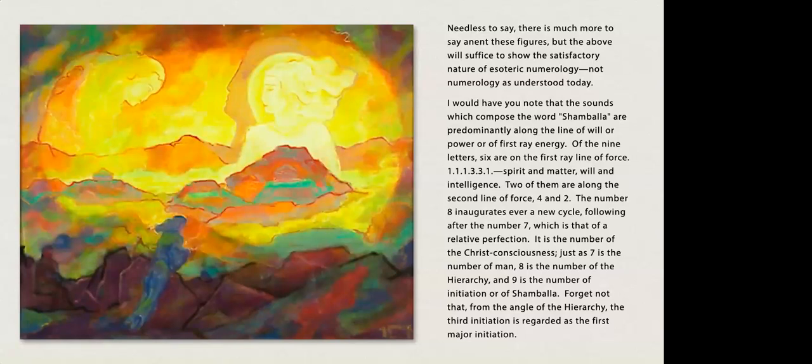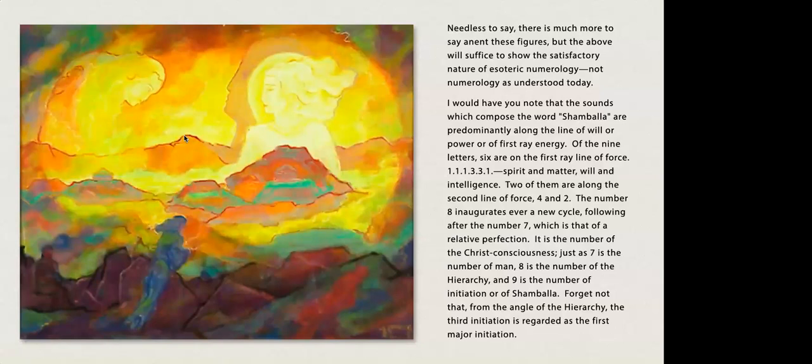2 of them are along the second line of force, 4 and 2. The number 8 inaugurates ever a new cycle, following after number 7, which is that of a relative perfection.